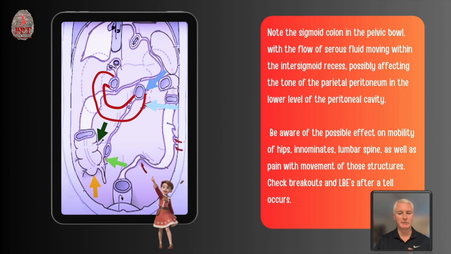Fluid moving around the sigmoid colon might actually affect the tone of the parietal peritoneum. So that could change the mobility of hips and pelvis, lumbar spine, as well as movement of those areas. So it's worth checking the local biomechanical evaluations after a fluid flow tell occurs.